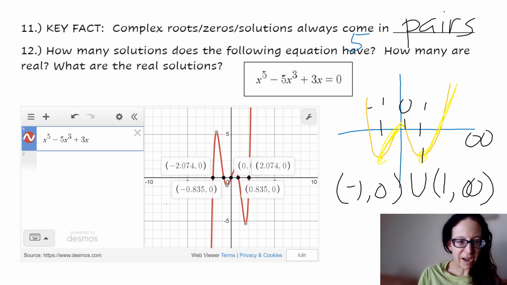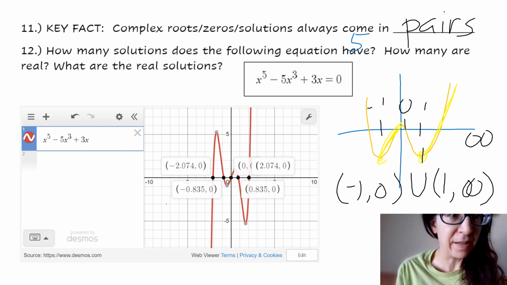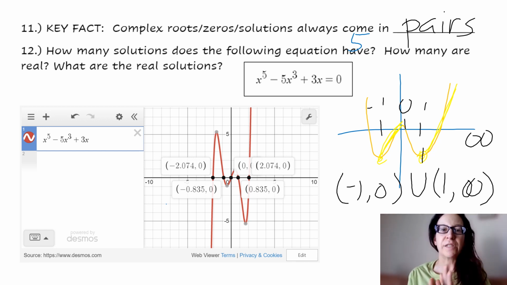There it goes. Okay, and open up the calculator. We're going to go ahead and type this in. And if you recall from doing this in class, don't put the equals 0 in. Just leave it as such.